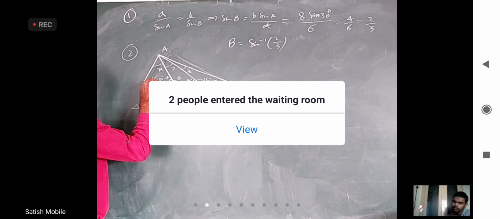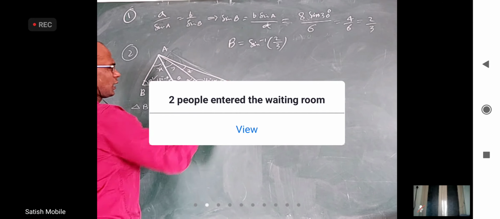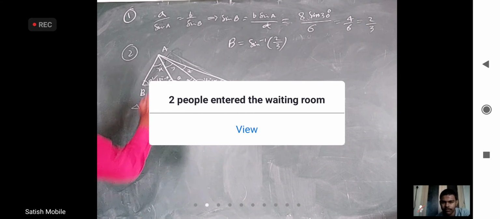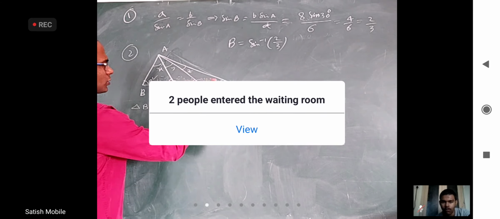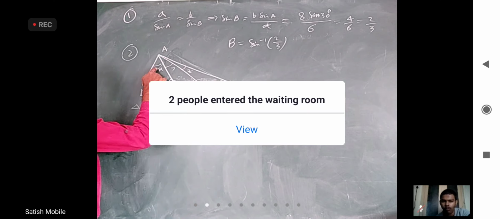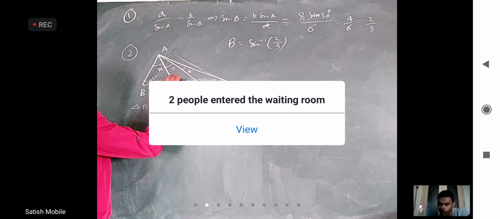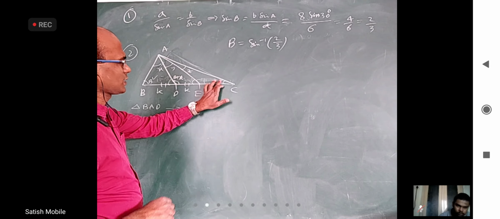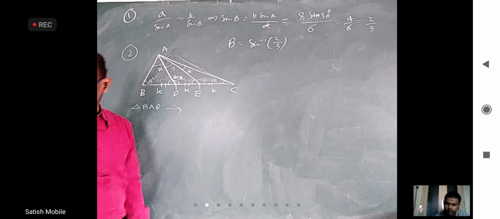This is B and this is C. Of course, I can write theta alpha in terms of B and C also, but maybe I'll just manage with that. If this is X and this is B, this should be B plus X, exterior angle. And if this is Z and this is C, I think I should draw a little bigger figure.